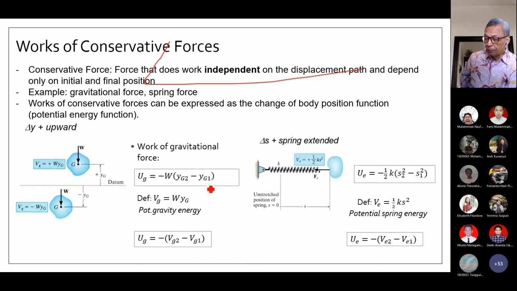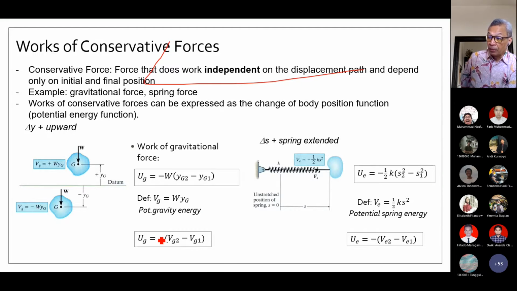tergantung sekarang selisih YG2 dan YG1 ini negatif atau positif. Nah, besaran W dikalikan dengan YG itu bisa kita definisikan sebagai energi potensial gravitasi, atau MGH. MGH adalah energi potensial gravitasi, kalau di sini menjadi WYG. Nah, kerja oleh gaya gravitasi itu bisa kita definisikan sebagai negatif selisih energi potensial gravitasi dari posisi kedua minus posisi satu.